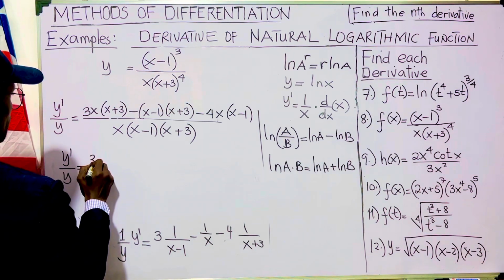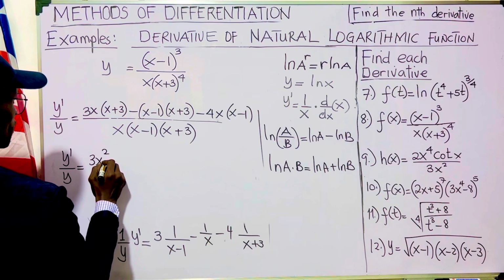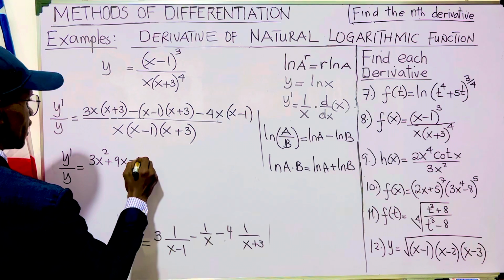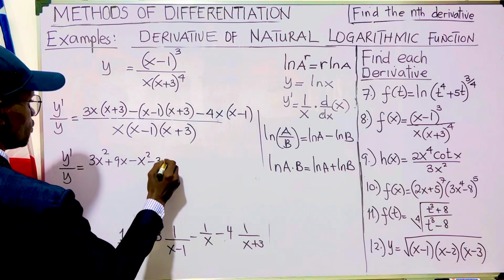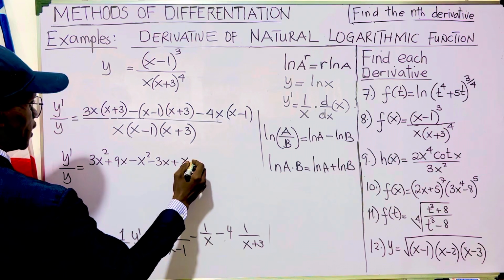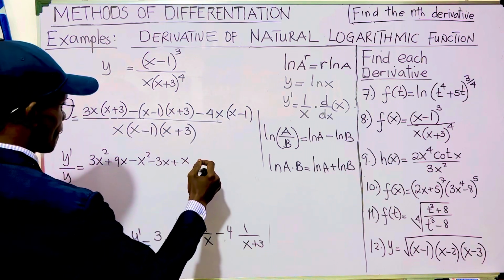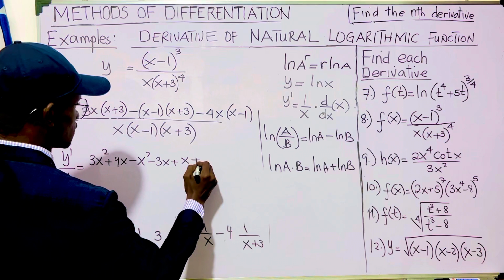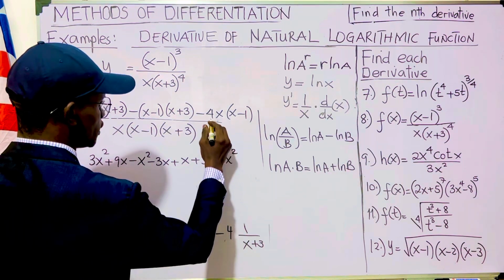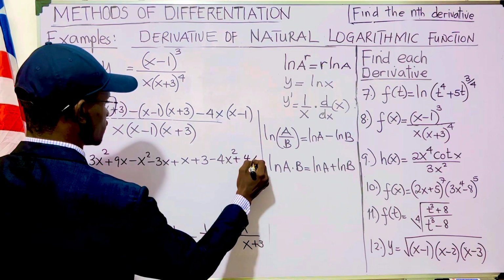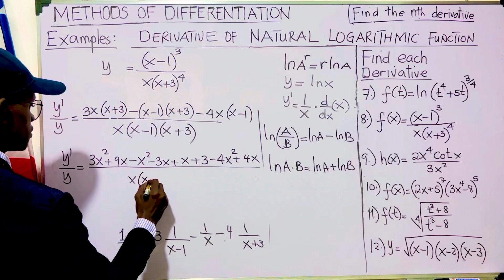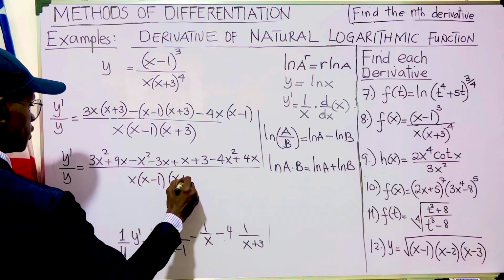So this is now 3x to the second power plus 9x minus x squared minus 3x plus x, and then this and this is also plus 3. So minus 4x squared and plus 4x, all divided by x minus 1 and x plus 3.